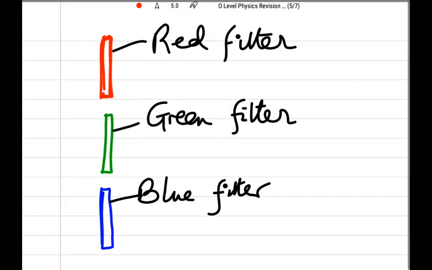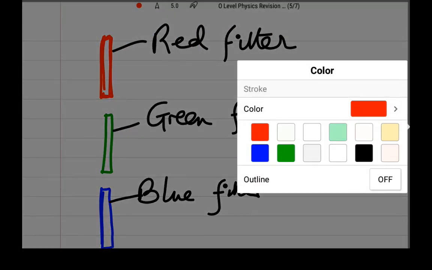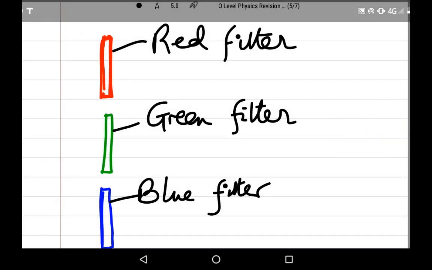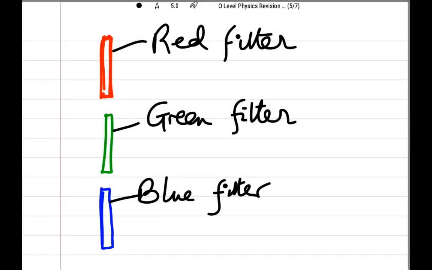If you have a red filter, it will only allow red to pass through it. So for a red filter, when blue light is incident on it, it will absorb it. So you will get nothing here.